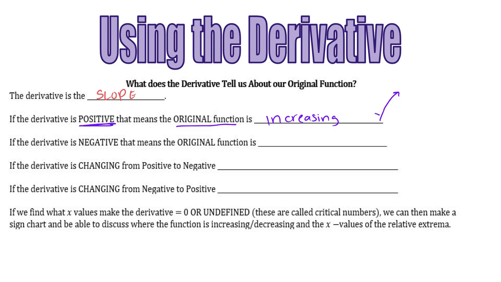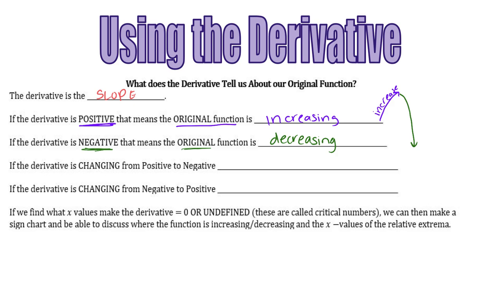Every tangent line along this curve would be positive because the function is increasing. Similarly, if the derivative is negative, that must mean the original function is decreasing on any interval where the derivative is negative.